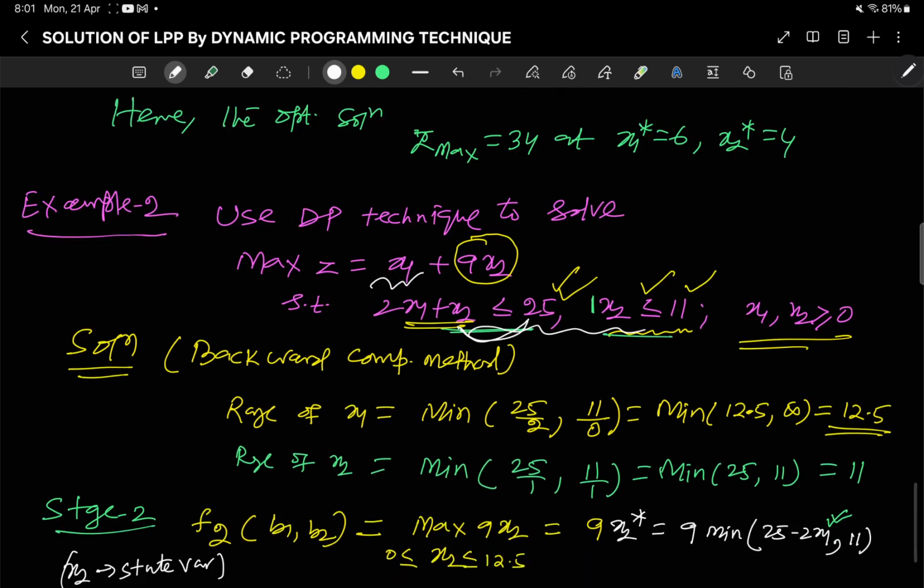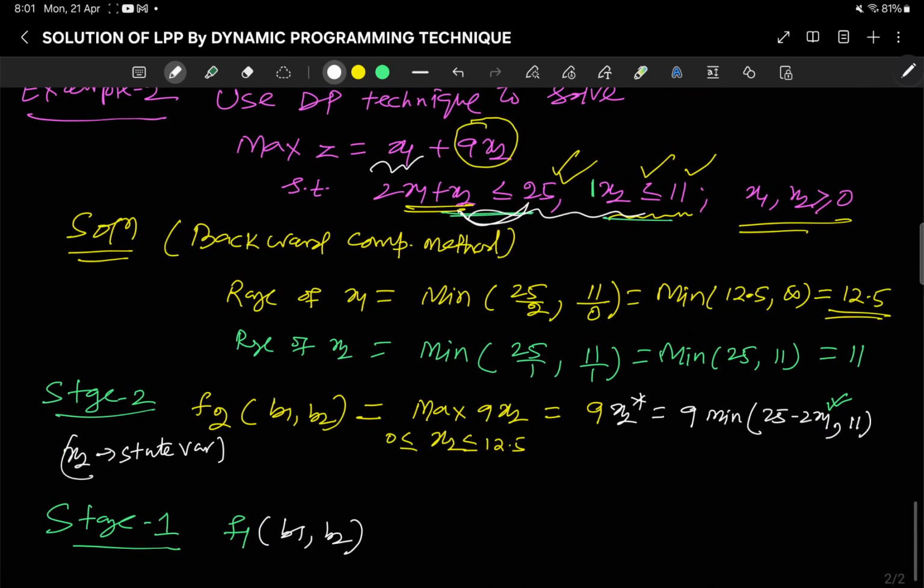It is maximize x1 plus 9x2, over x1, right? This x2 here is my x2 from the previous step, so I write x2 star here, and x1 ranges from 0 to 25 by 2.